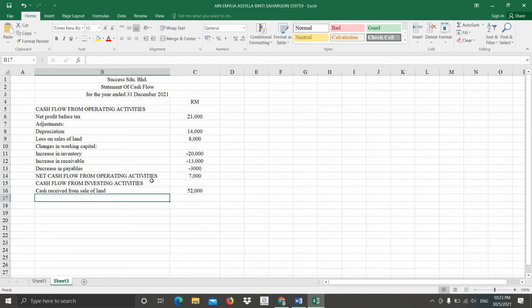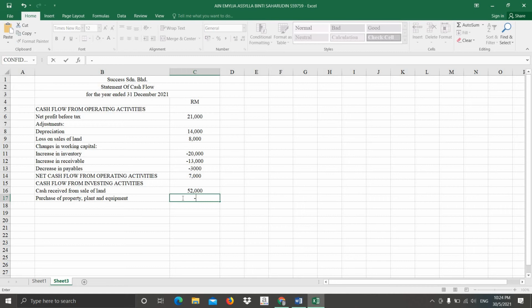Next is purchase of property, plant and equipment. We can identify this by the increasing amount in equipment, RM 9,000.